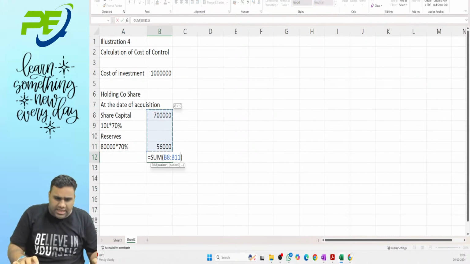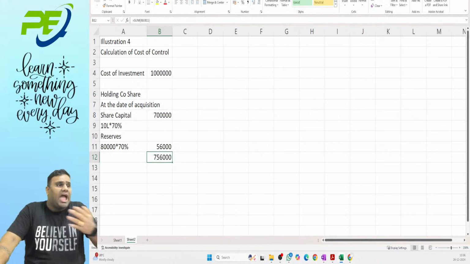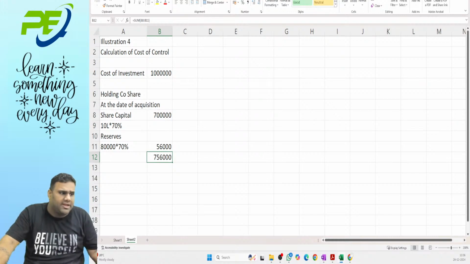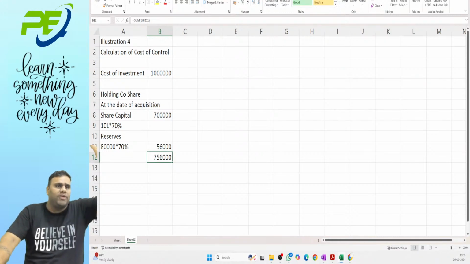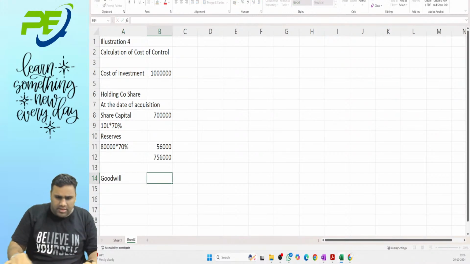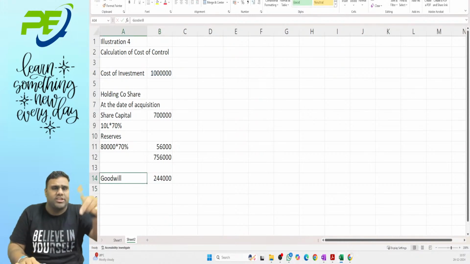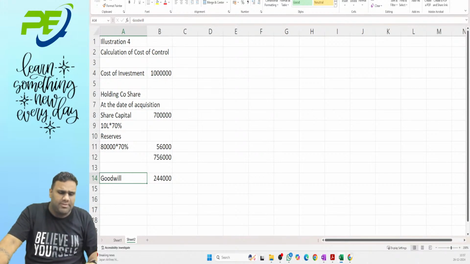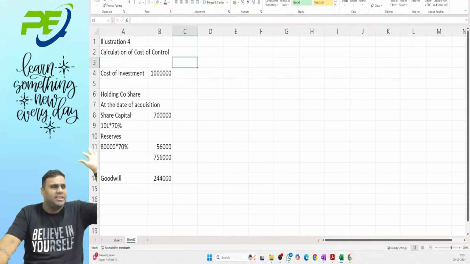So the total is 7,56,000. As holding company, I am getting only 7,56,000. But how much am I paying? 10 lakhs. So goodwill: 2,44,000. To the extent of 2,44,000, I am paying extra, so this 2,44,000 will be my goodwill. Everyone, is it clear? Yes.